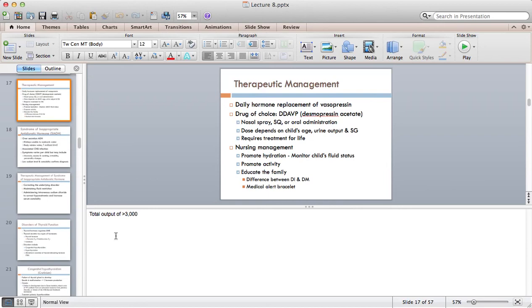So that brings us to our need of importance for us to monitor the child's hydration status, and we also need to educate the parents and or the child about the differences between diabetes mellitus and diabetes insipidus and their characteristics, because these are 2 different conditions.